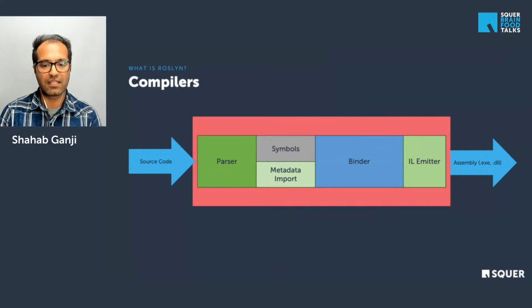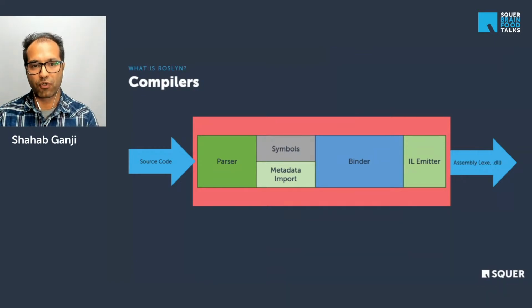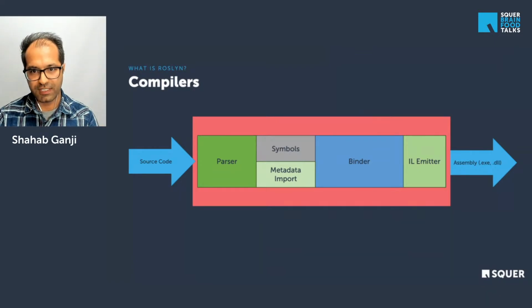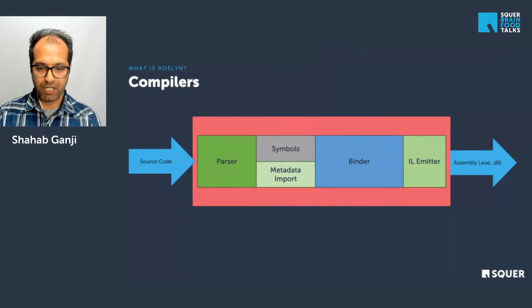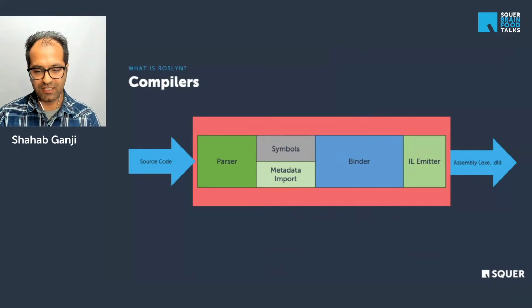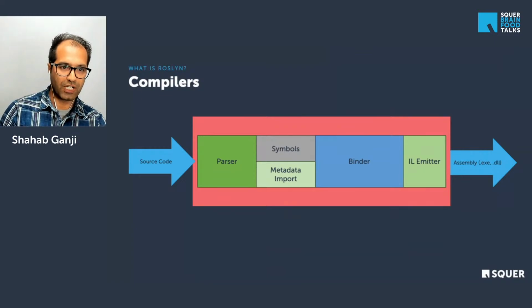The focus of this phase is to analyze the source code, import metadata, and form named symbols and this kind of object model for us. The next would be the binder, which is matching the identifiers to code symbols. And the last one is the emitter, which in the .NET environment is the IL emitter, the intermediary language, and it will emit the exe file, and all of those things are built upon all the features before it in the compiler.